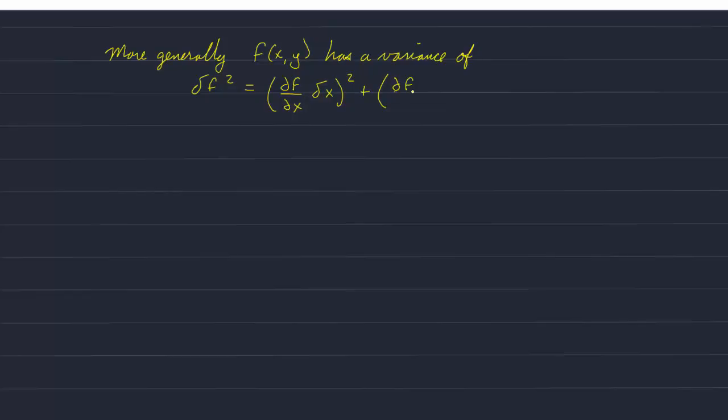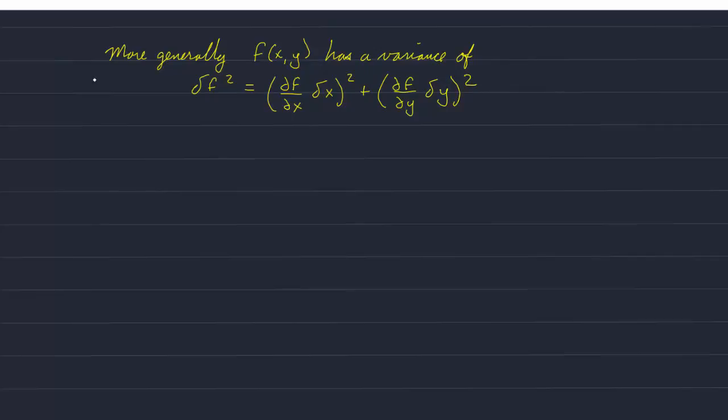So more generally, if we have a function f of x and y, it has a variance described again by delta f squared, and that's equal to the partial derivative of f with respect to x times the standard deviation of x, and that's all squared, plus the partial derivative of f with respect to y times the standard deviation of y, squared.